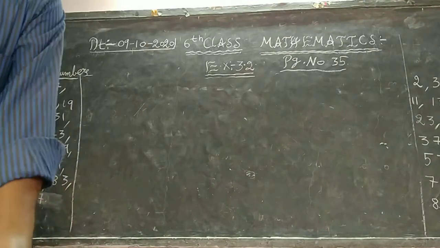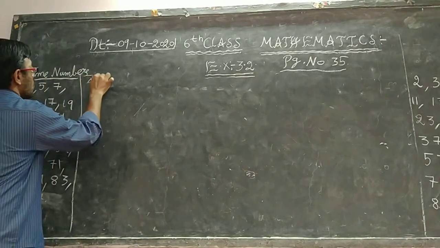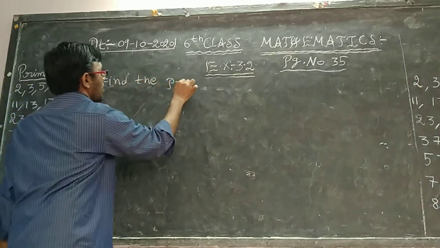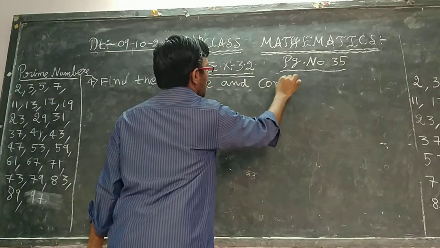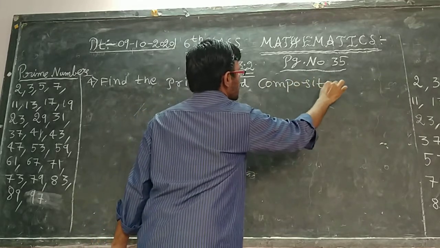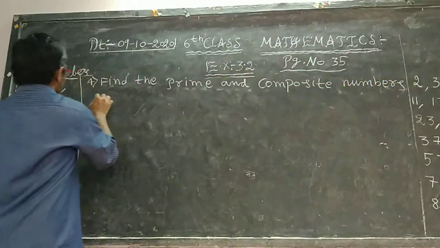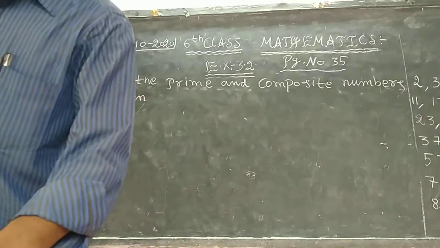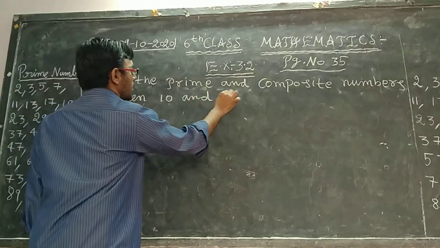Come to the fourth question. Find the prime and composite numbers between 10 and 30.